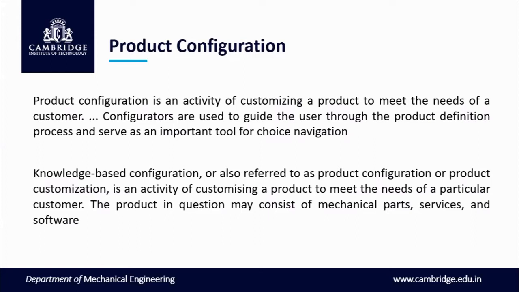The tool, the configuration, the different set of parts, the services, and the software are all very important to know. The various tools, investigation, navigation, activities, and phenomena will all be considered in the product configuration.